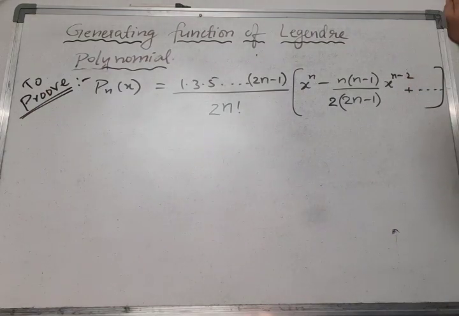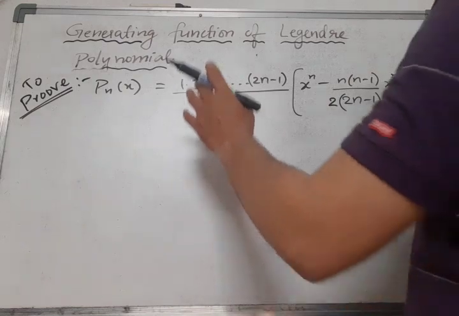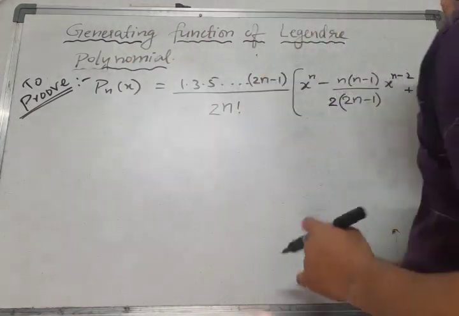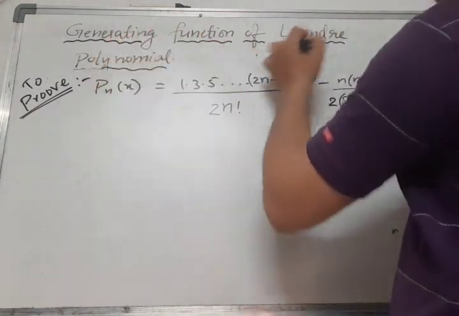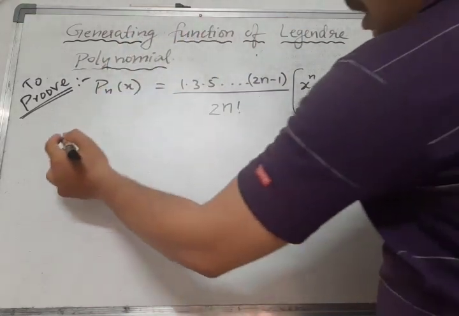So in order to prove this one, we have to assume one generating function. What is the generating function for this Legendre polynomial?